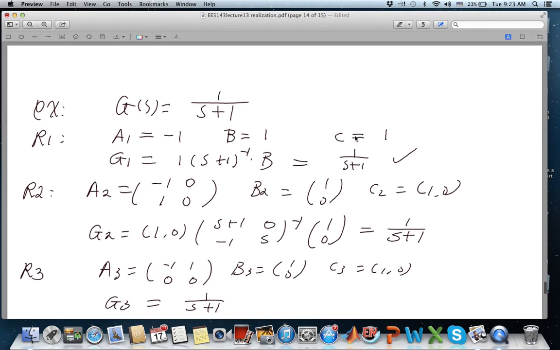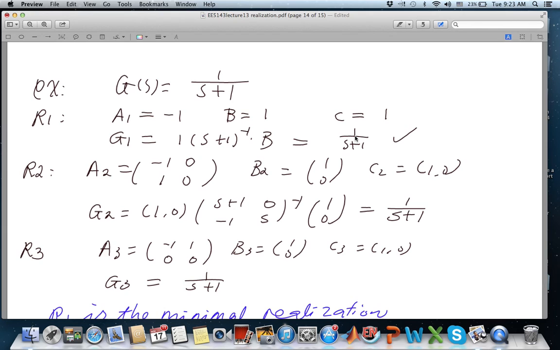I'm going to show an example here. With this transfer function G(s) equals 1 over s plus 1, the first realization is A1 equal to negative 1, B1 is 1, C1 is 1. Clearly I can get this transfer function 1 over s plus 1, so the dimension of the realization is 1.